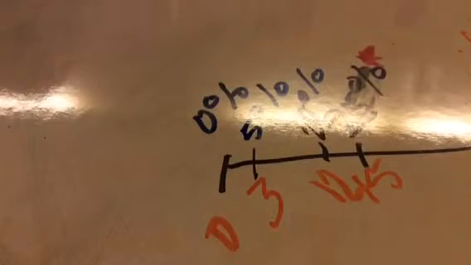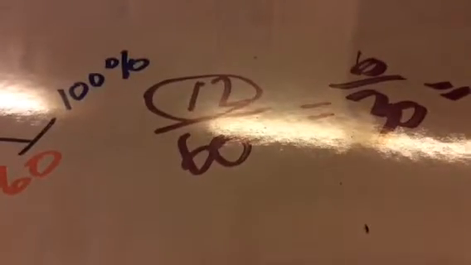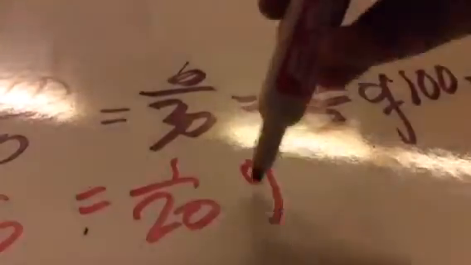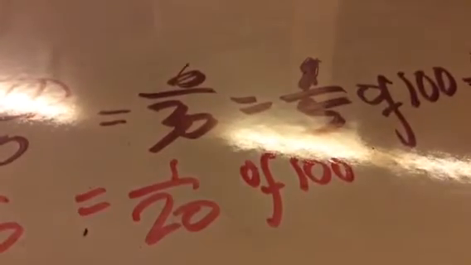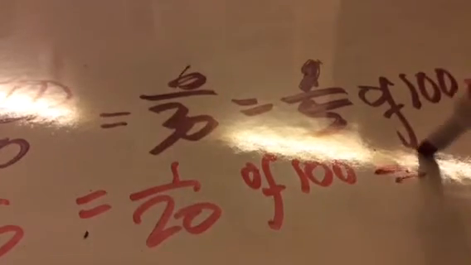And you can also do this with the fraction thing. If you got 3 out of 60 equals 1/20th of 100, because all of this is basically the same thing as multiplying. And this equals 5.